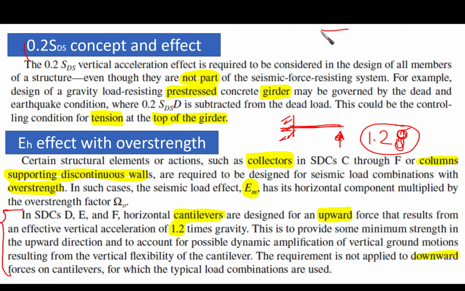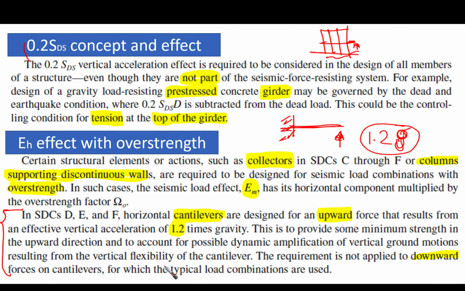So if we have a building and there is a kind of a cantilever here, for example, we need to design it for a vertical upward force that results from an effective vertical acceleration equal to 1.2 g, times the gravitational acceleration. This is to provide some minimum strength in the upward direction and to account for possible dynamic amplification of vertical ground motions resulting from the vertical flexibility of the cantilever.